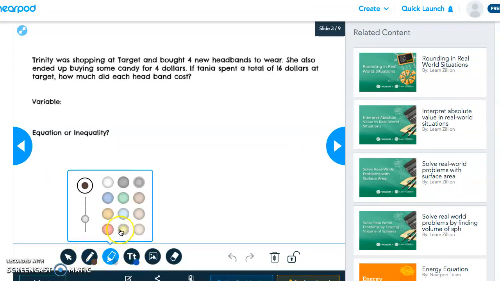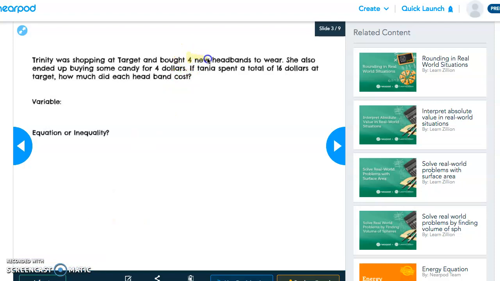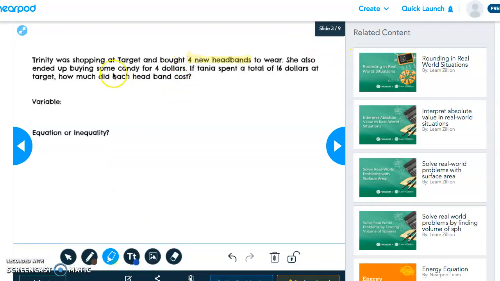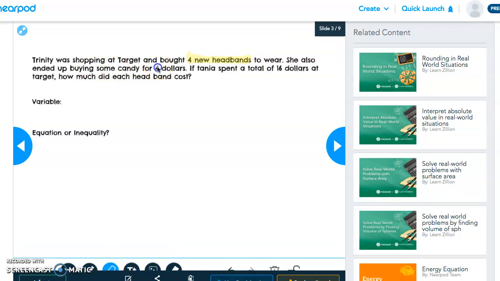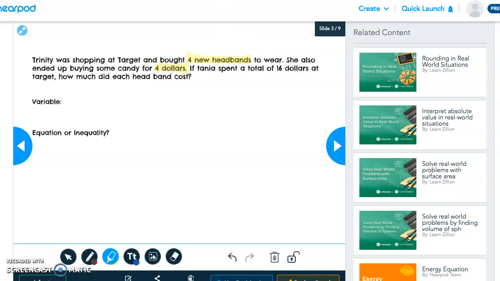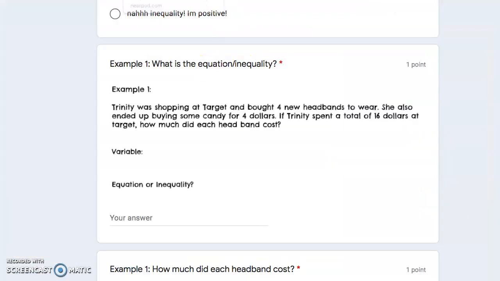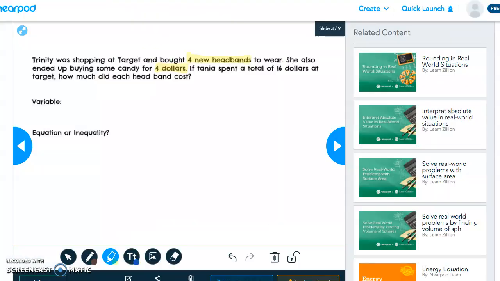Let's use a highlighter. I'm going to highlight this. So she was shopping at Target. She got 4 new headbands. She also ended up buying candy that cost $4. Oh, why does this say Tania and this says Trinity? Well, my bad, guys. This was a typo on my end. I'm going to fix that.